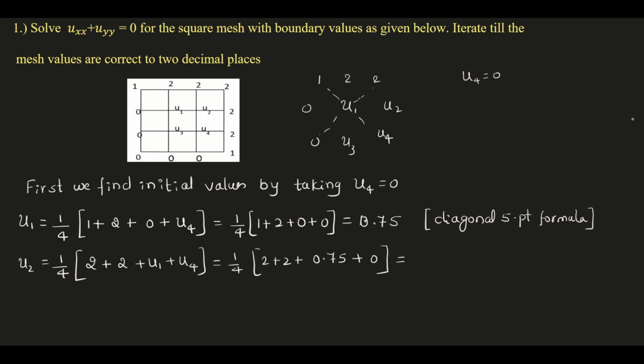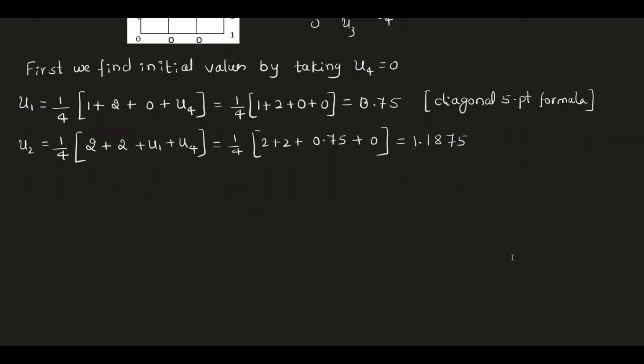Now simplify. 4.75 divided by 4. Simplify it and you will get 1.1875. They have asked for only 2 decimals, but for our convenience let us write 3 or 4 decimals.